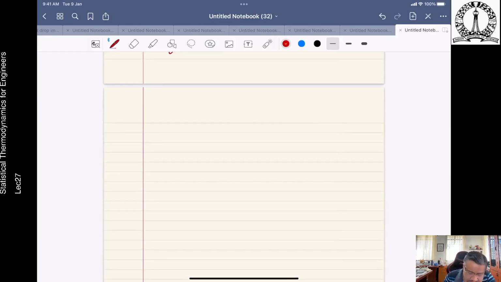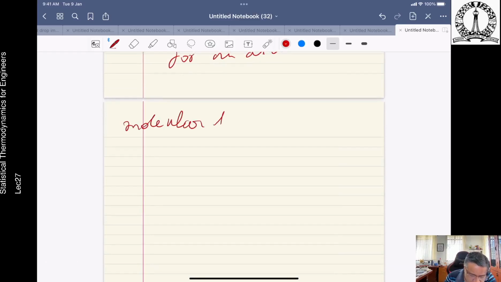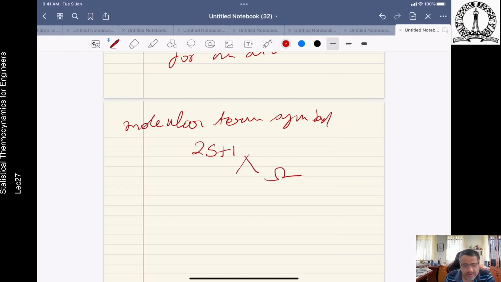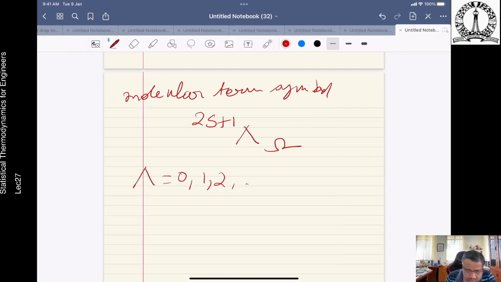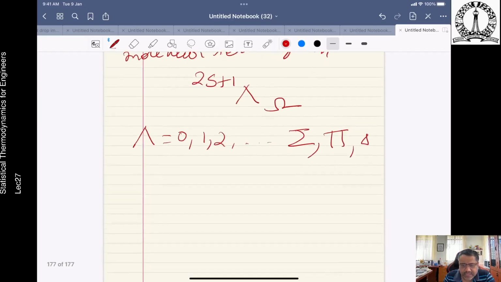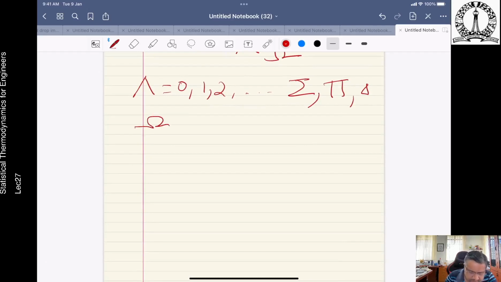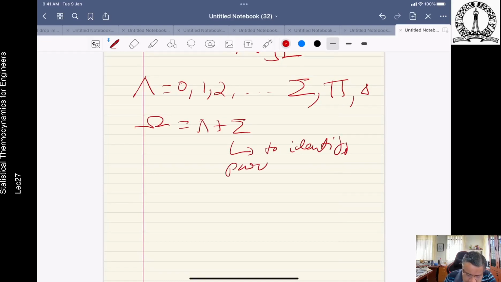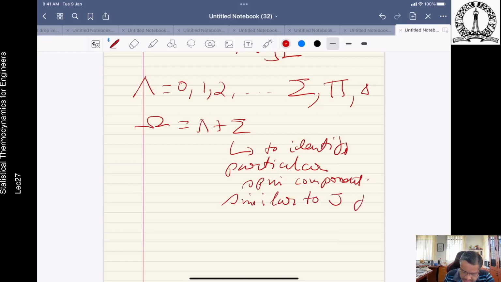Therefore the molecular term symbol is 2S plus 1, lambda, where this is 0, 1, 2, correctly represented by sigma, pi, delta, etc. The subscript omega, equal to the sum total of these two, is appended to identify the particular spin component, similar to J for atomic systems.